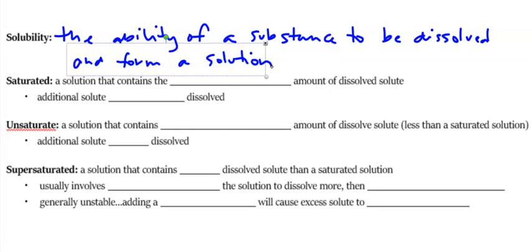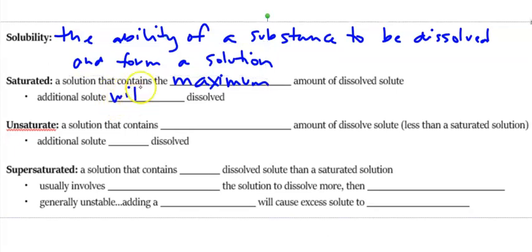When you've got the most dissolved possible, that's called a saturated solution. So saturated is a solution that contains the maximum amount of dissolved solute. So you literally cannot dissolve any more in that amount of solvent. So if you add any additional solute, it will not dissolve.